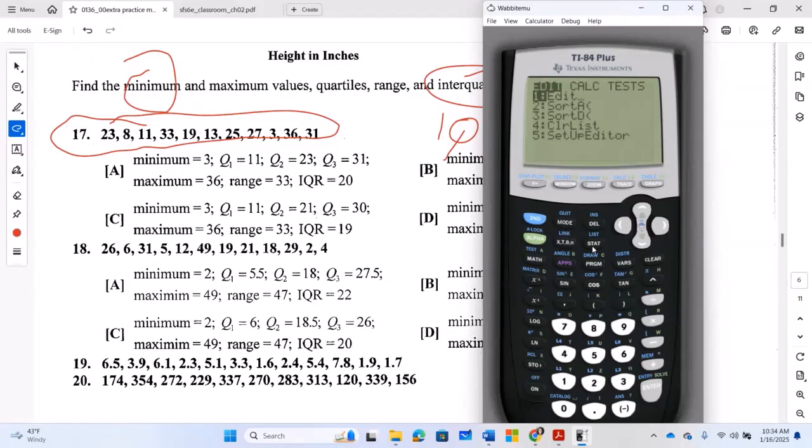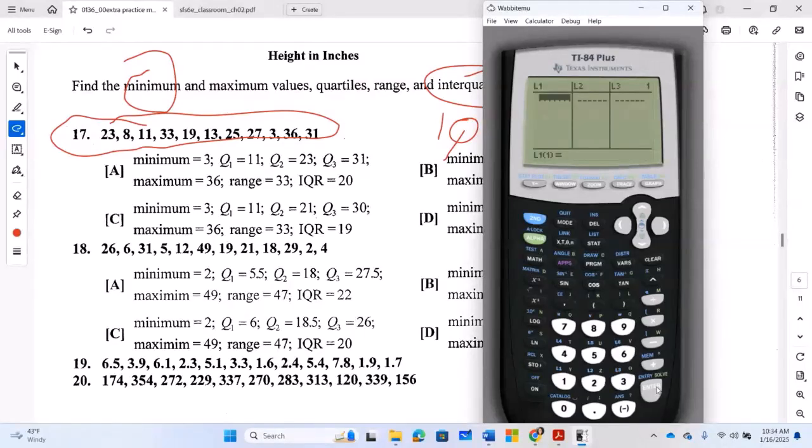Then I open my STAT edit. This is what we have done all this time. Knowing how to use your calculator and how to do one-variable stats is the first thing you have to learn in this class. It's a little bit fast paced, so I hope you're not expecting me to start with definitions.